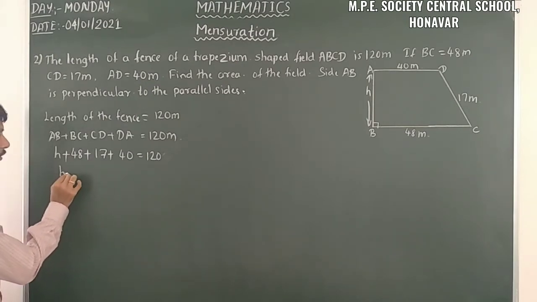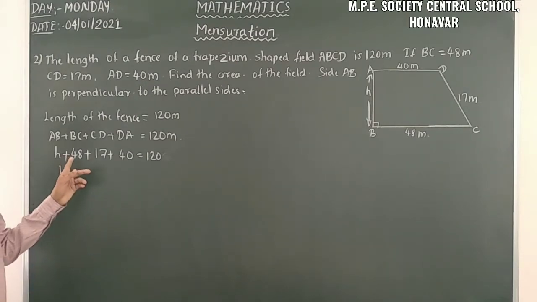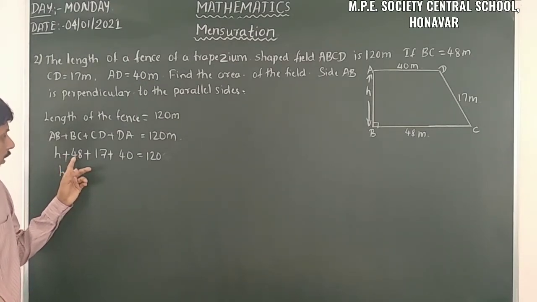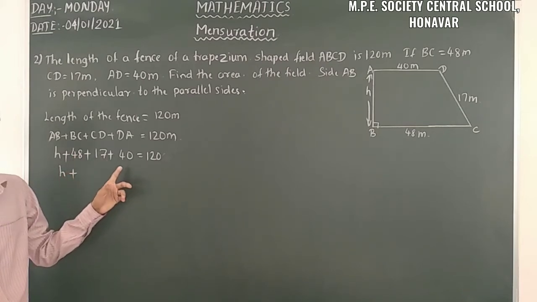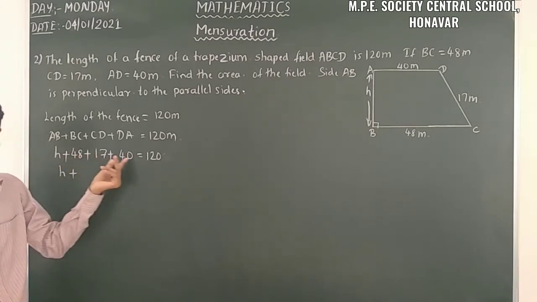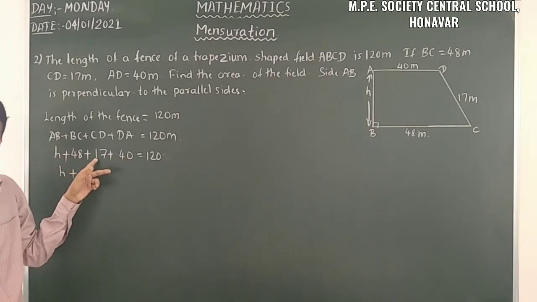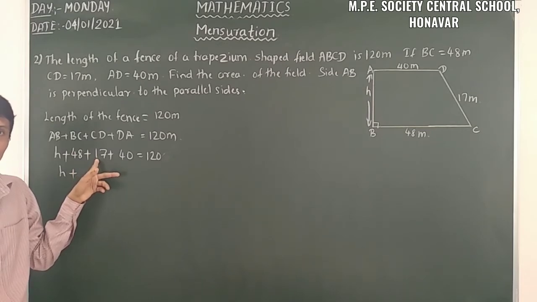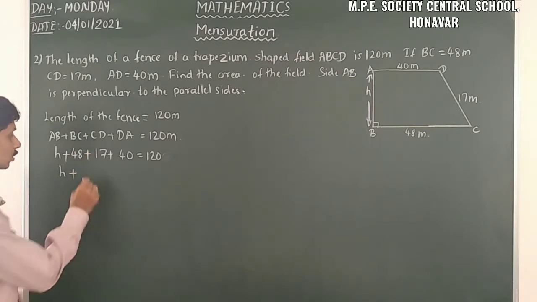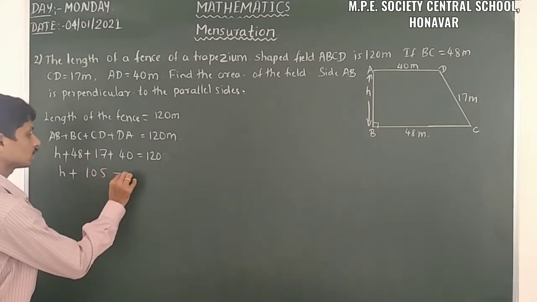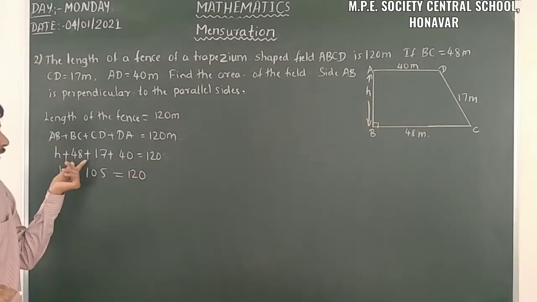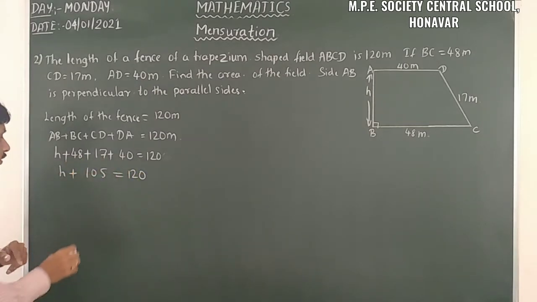And H plus, so here what happens? 48 plus 40 means 88. 88 plus 10 is 98. 98 plus 7 means it is 105. So H plus 105 is equal to 120. That is, 48 plus 17 plus 40 is equal to 105.